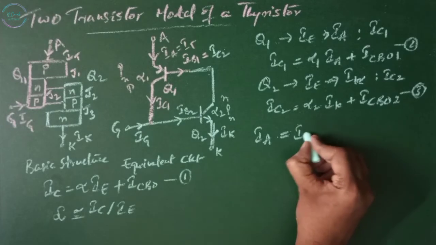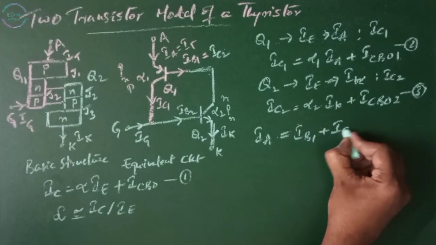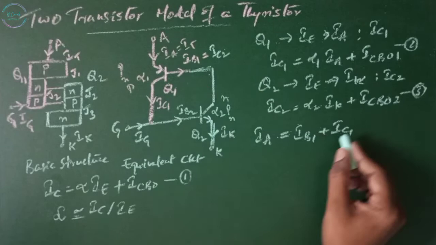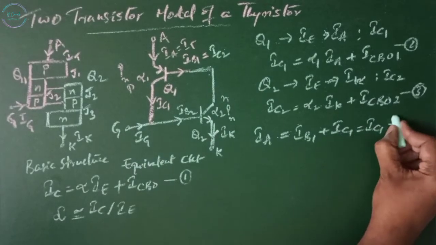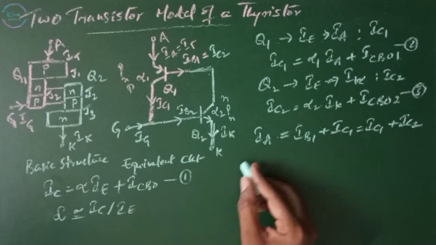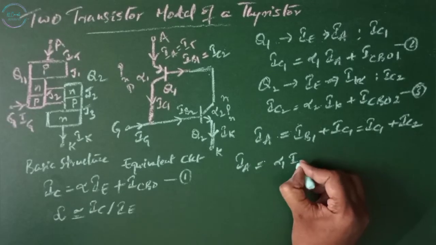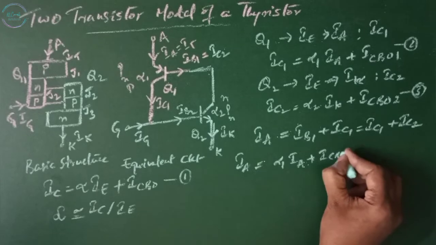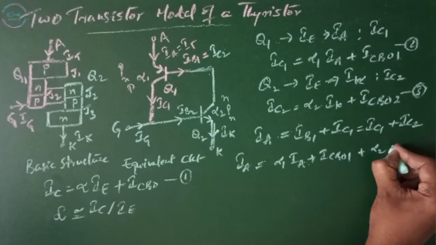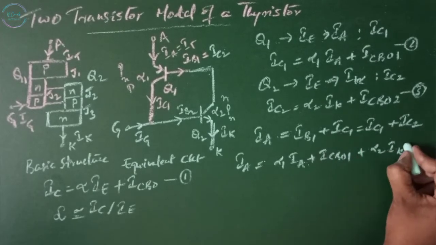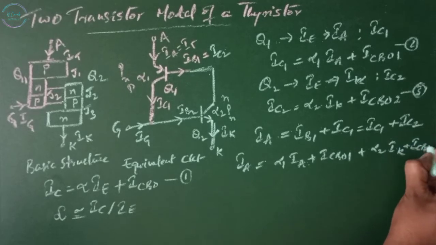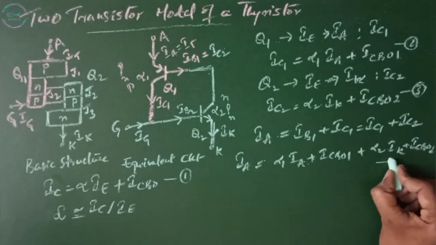So IA equals IB1 plus IC1, where IB1 is nothing but IC2. So we can write IC1 plus IC2. Then substituting those values, IA equals alpha 1 IA plus ICBO1 plus alpha 2 IK plus ICBO2. That is equation number 4.